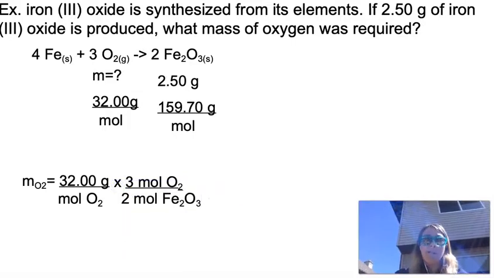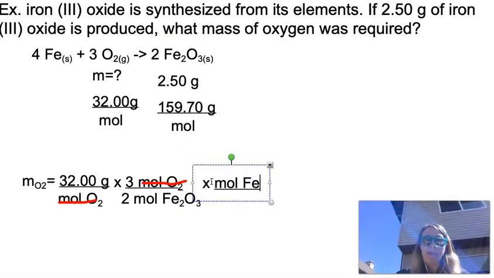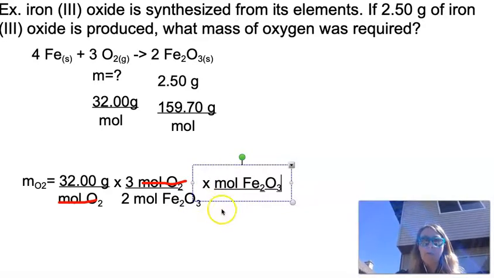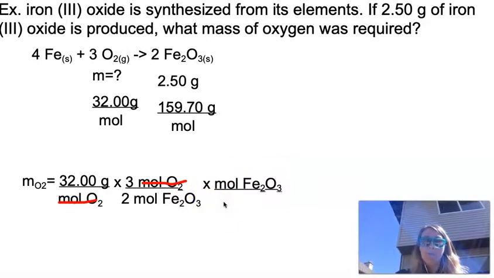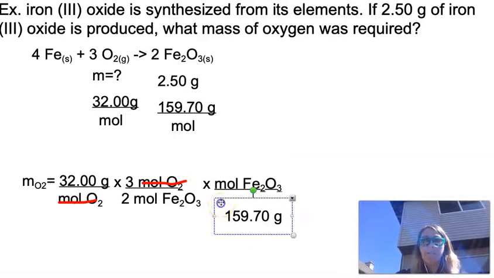All right, so now we can eliminate moles of oxygen. They're gone. Next thing to eliminate is going to be moles of Fe2O3. Well, right here we have moles of Fe2O3, so we're going to take that molar mass and we're going to flip it. So we're going to do times moles of Fe2O3, and then we are going to divide it by the 159.70 grams.